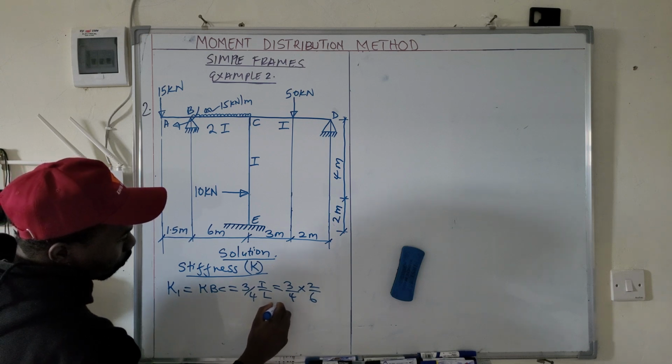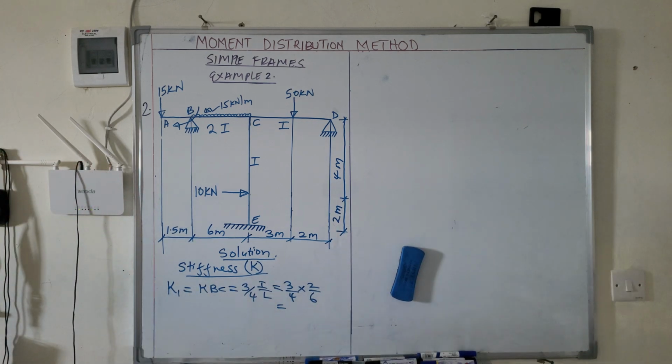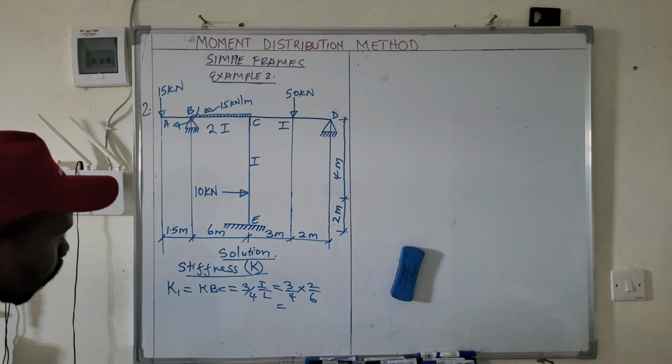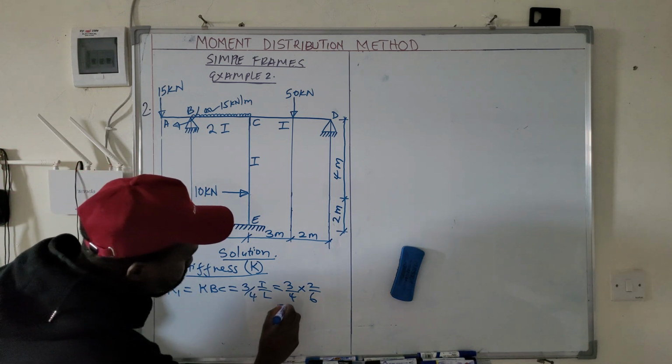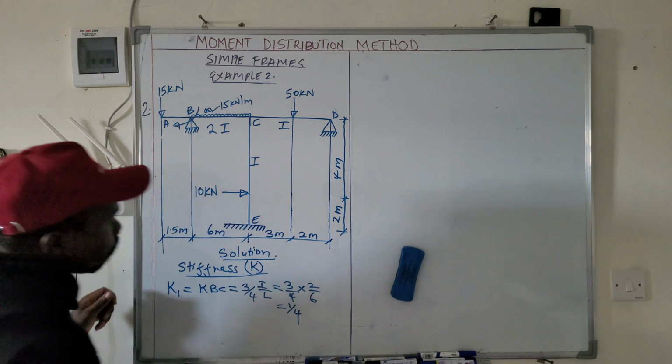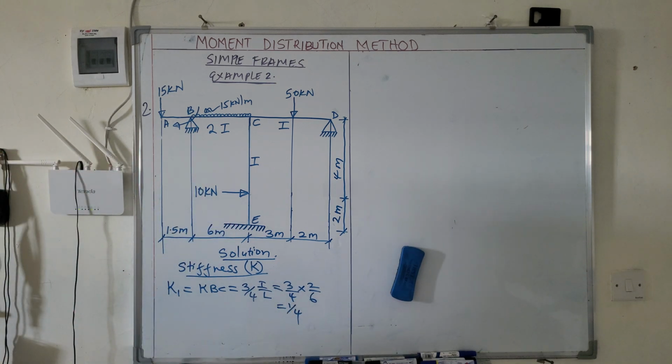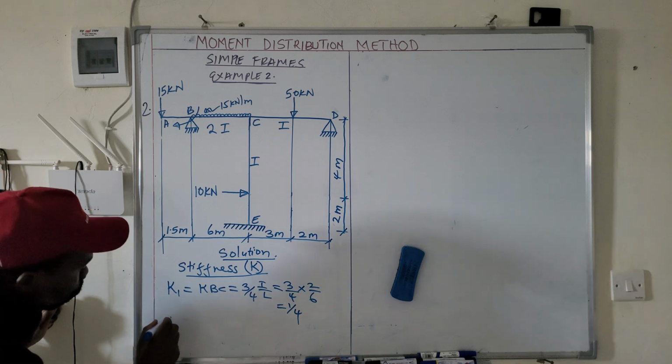So this one will be 3 over 4 times 2 over 6. So 1 over 4, like that.